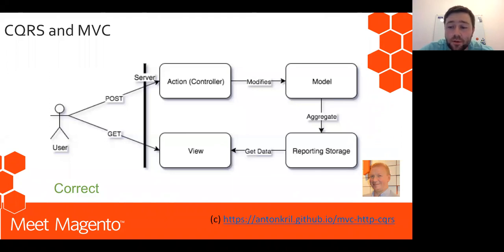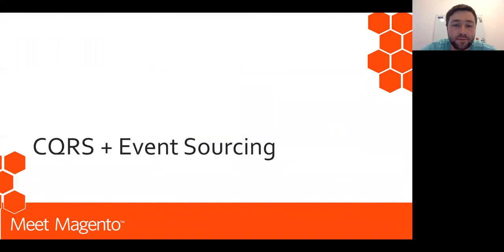Actually, you can read on Anton's blog about MVC, HTTP, and CQRS, and how CQRS can be applied, how to build proper MVC using the CQRS approach, the CQRS architecture, and the CQRS layer boundaries.